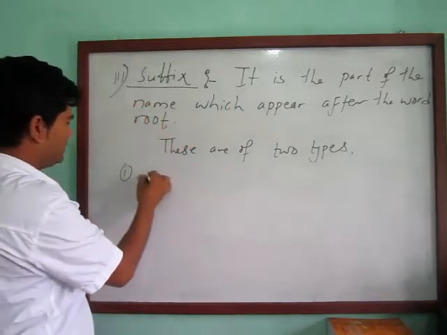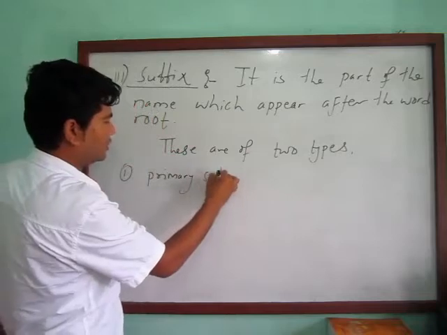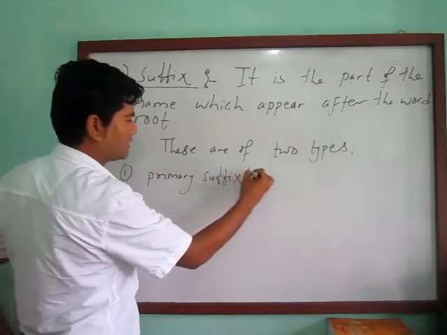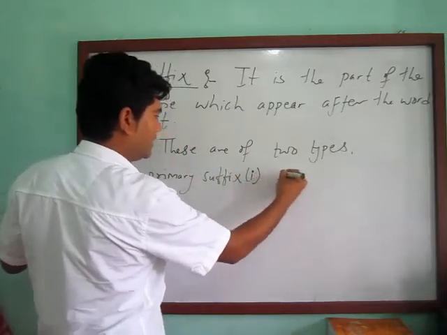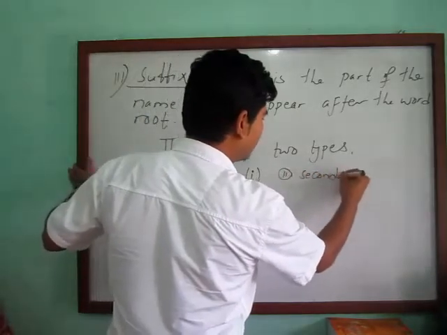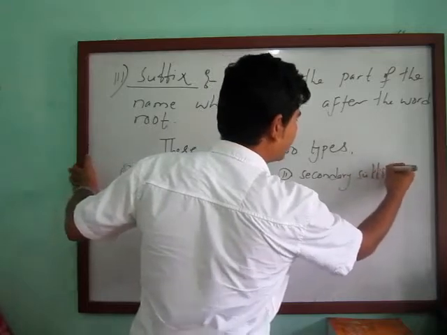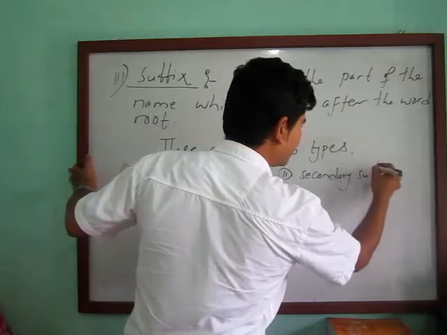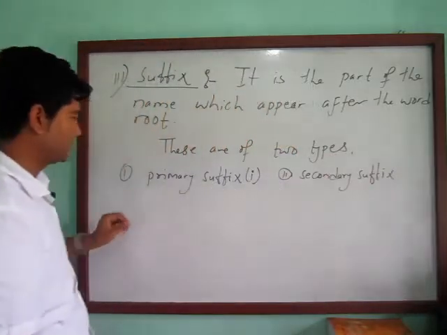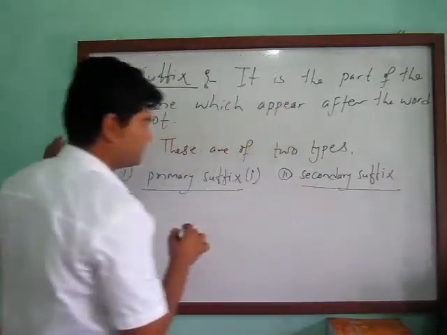In the first one, primary suffix, you can indicate by 1 degree, and another one is secondary suffix. Primary suffix and secondary suffix.